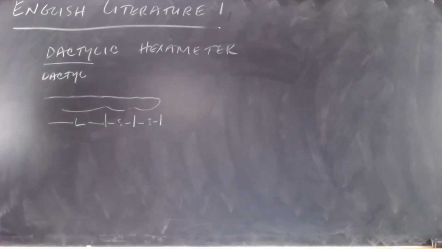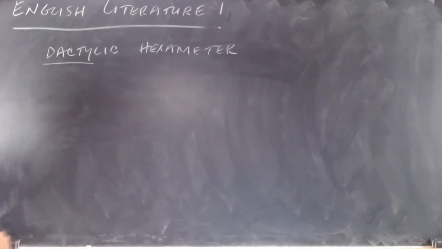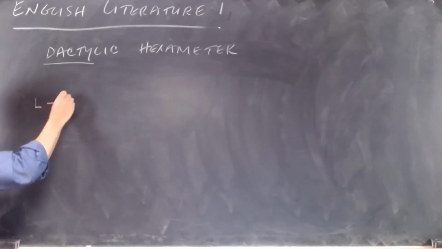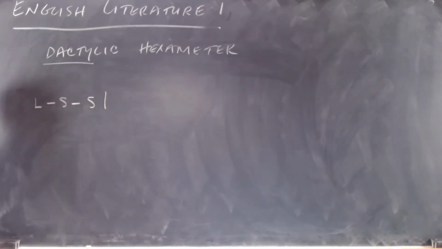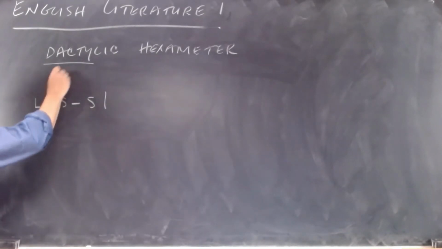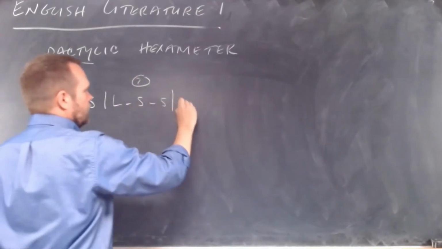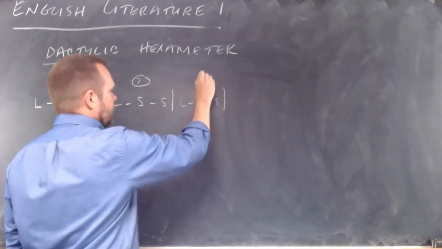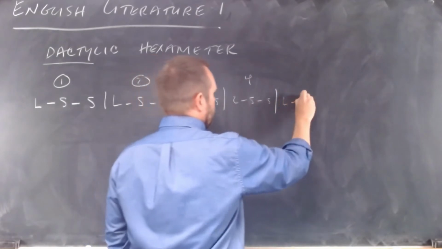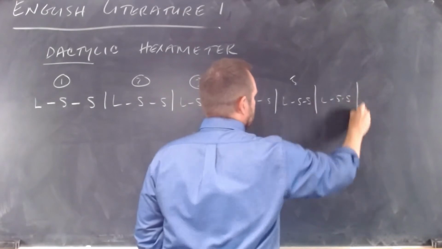All right? Now, hexameter means 6 measures. So we take a dactyl, long, short, short, and we repeat that 6 times. So there's 1, long, short, short. There's 2, long, short, short, 3, long, short, short, 4, long, short, short, 5, long, short, short, 6.